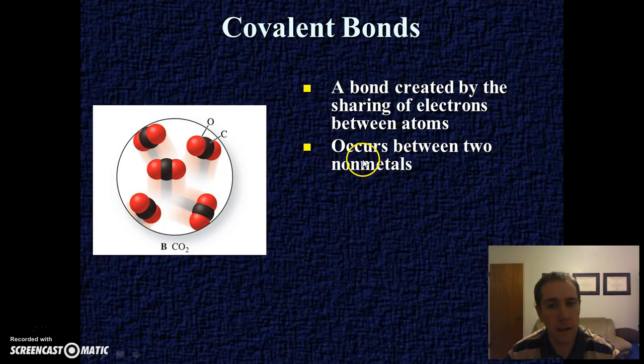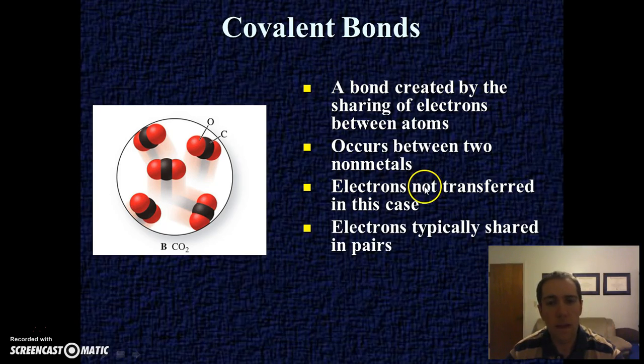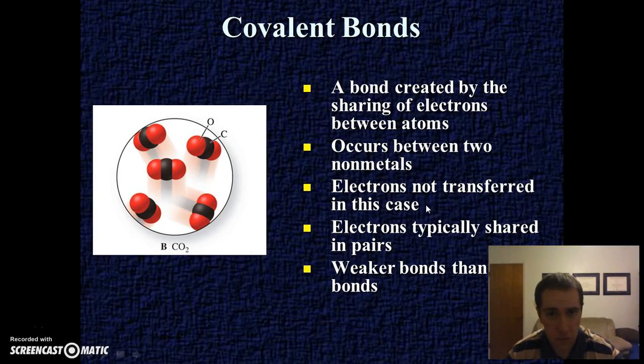If there's a metal, it's ionic. If it's just nonmetals, it's covalent. And the electron is not transferred. Both atoms are holding on to it. And we'll see this later on, but these sharing electrons usually happen in pairs. Covalent bonds are strong, don't get me wrong, but a covalent bond is slightly weaker than an ionic bond.